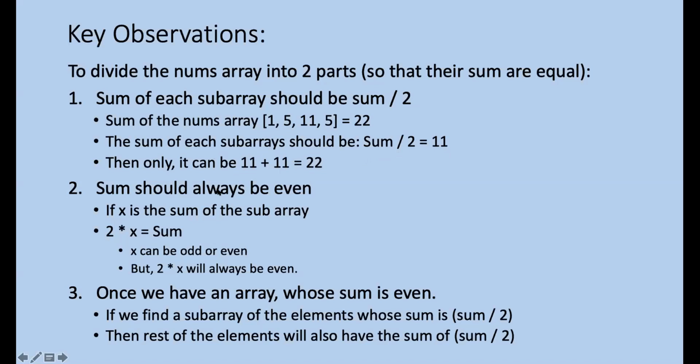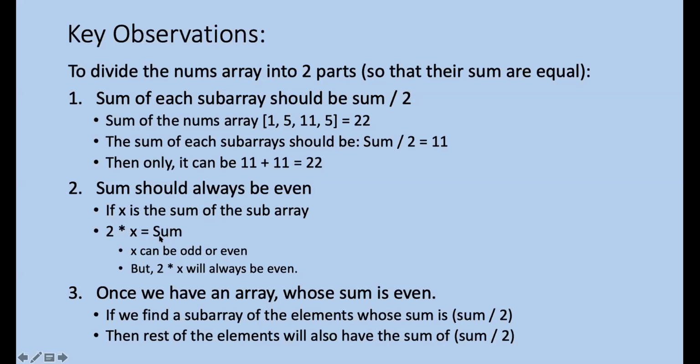The second observation is the total sum should always be even. This one's a little confusing. On our point one, we basically said that if I give a value x to the sum of one of my subarrays, then x plus x should be the total sum of the array, isn't it? So 2x should be the sum of the total array.